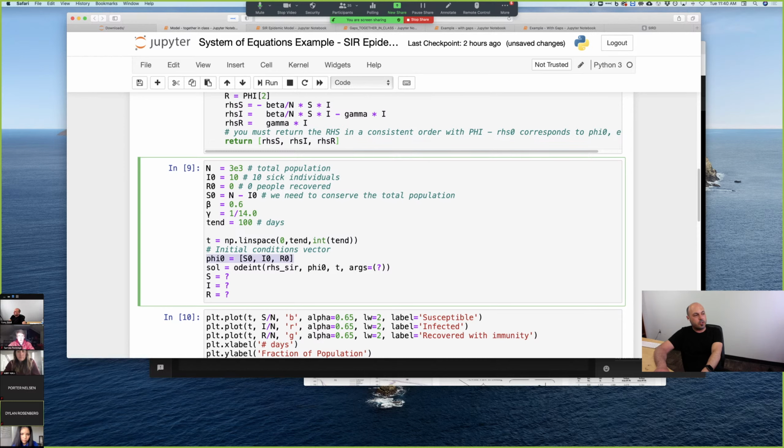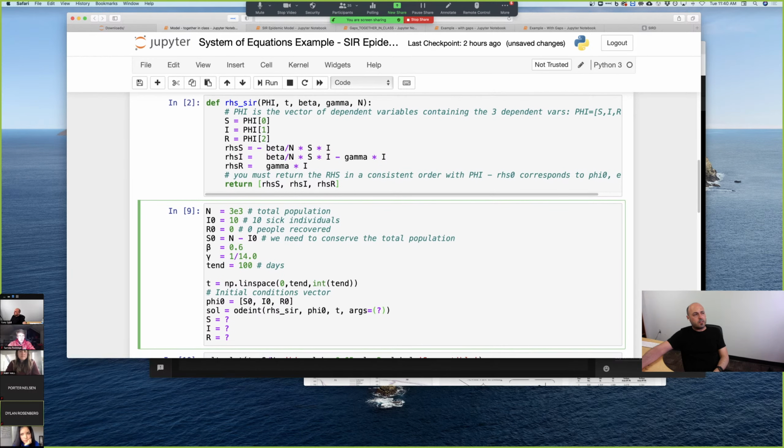Phi0 is the vector of initial conditions. T, we declared that as time. What about the arguments? What does the right-hand side take? What are the additional arguments that the right-hand side takes? So is it beta, gamma, and n? Yeah, thanks, James. Okay, so we do beta, gamma, and n.